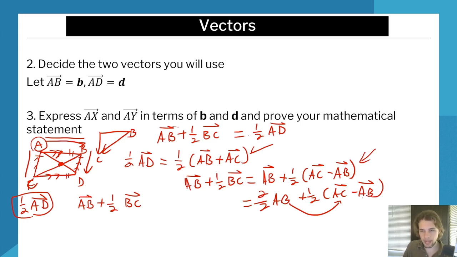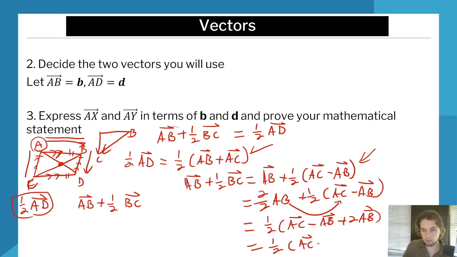So we move this AB into these brackets, becomes 1/2 AC minus AB plus 2AB. Put our vector lines on top, and that ends up creating A to C plus A to B. And there we have it.